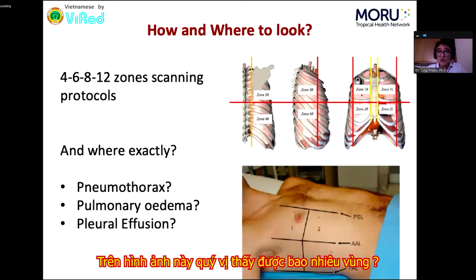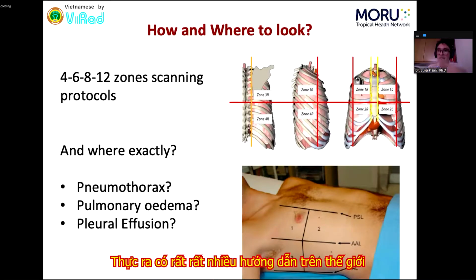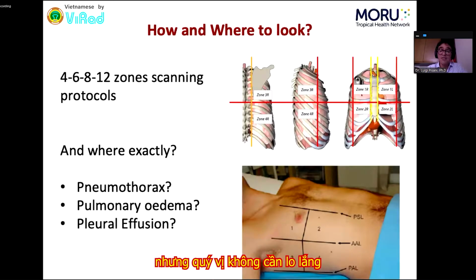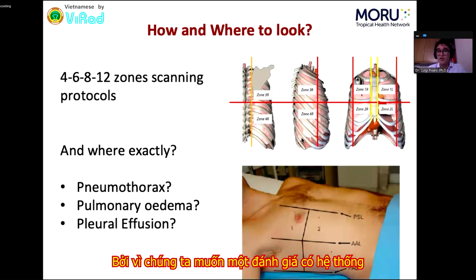How many zones shall we scan? Which protocol to use? There are many protocols out there, but please do not be worried about protocols too much. In the ICU, we scan, for example, 6 areas per side because we want a systematic evaluation.